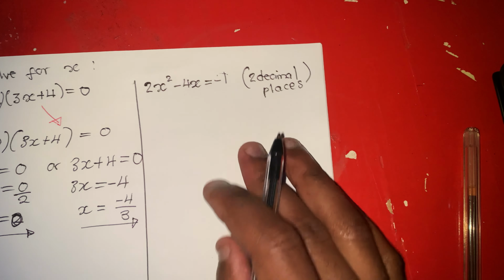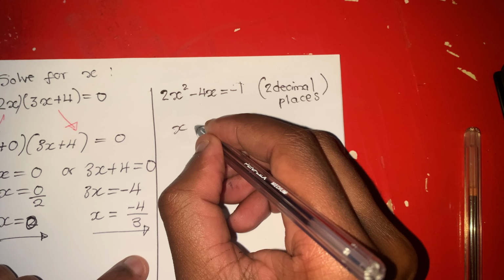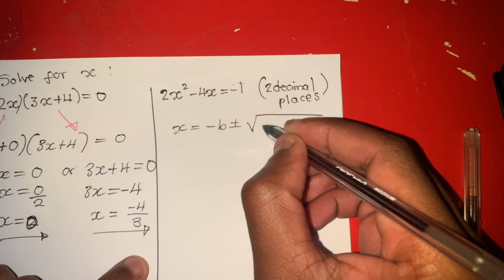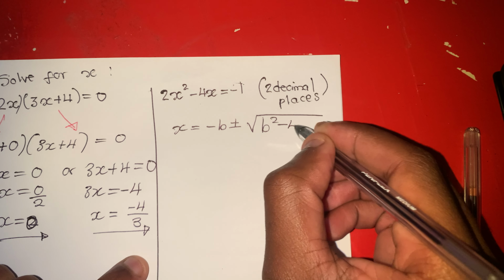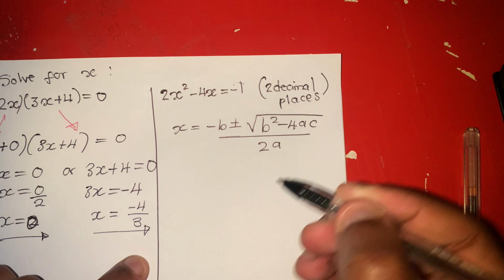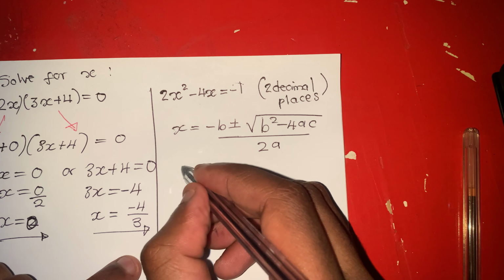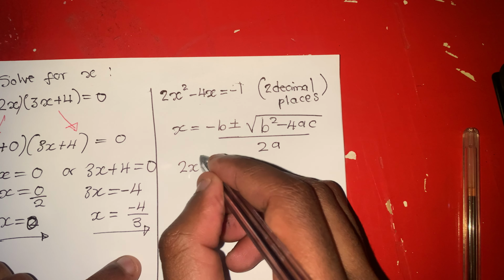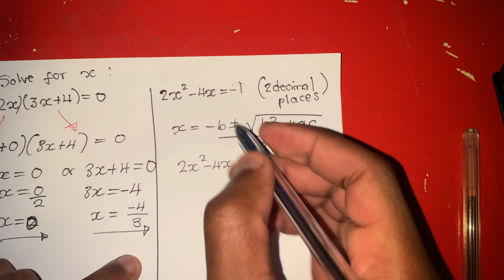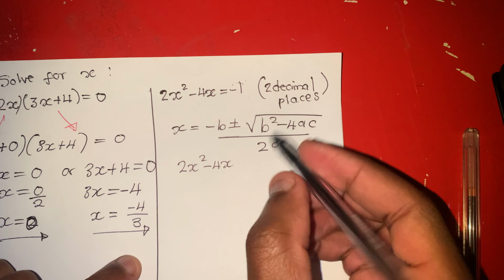For the second one, we use the quadratic formula, which states that x is equal to minus b plus or minus the square root of b squared minus 4ac, all over 2a. On your equation, it is advisable to take this value to the other side so that your equation is equal to 0.